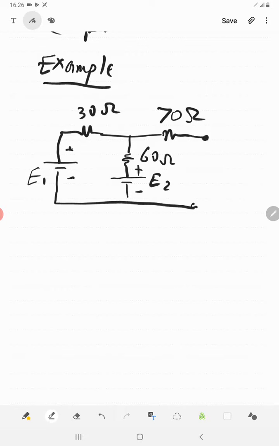Okay? We want to find Thevenin's equivalent circuit.